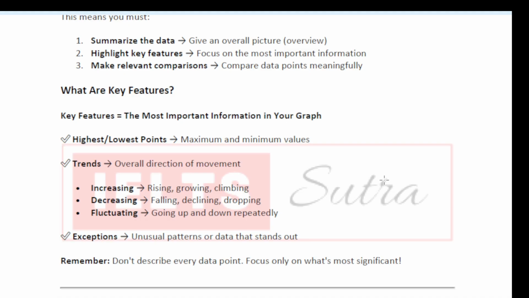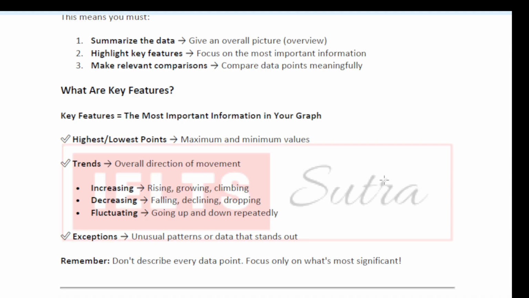Second, after the highest and lowest points, you have trends. Now, graphs can be of two different types. Either the graph can be a static graph where you have only a single timeline, for example, a single year, where the values are not changing. However, you can also have a dynamic chart, which means that you can have multiple timelines, two or more than two years.